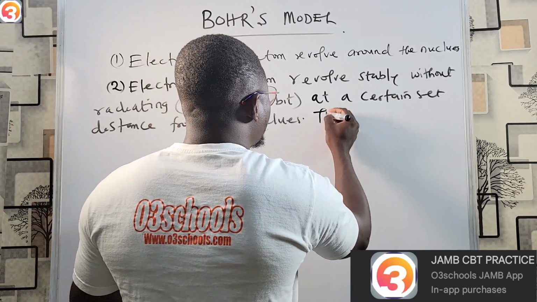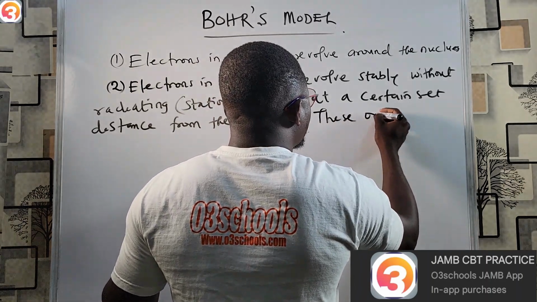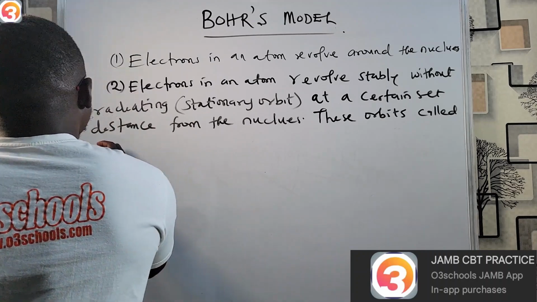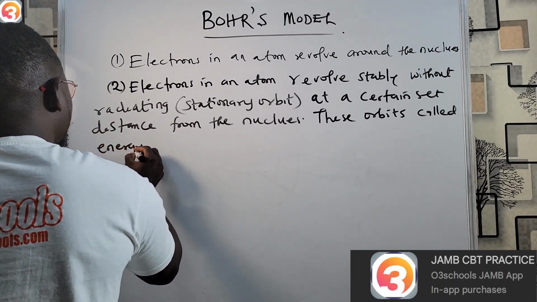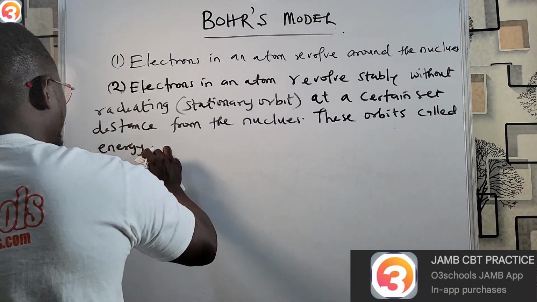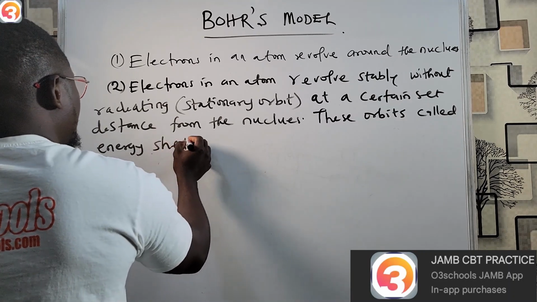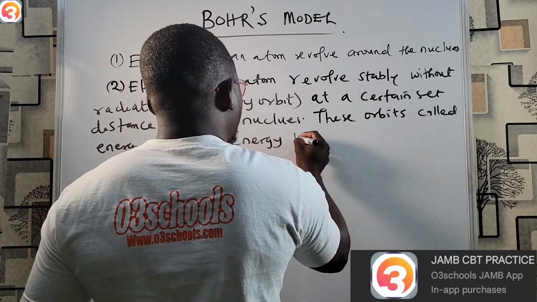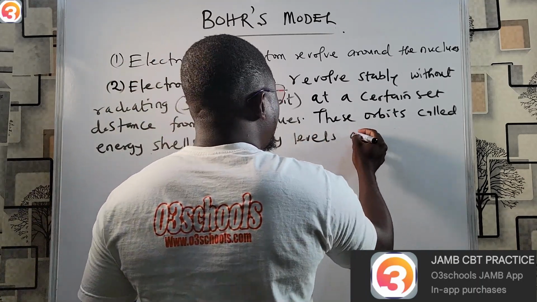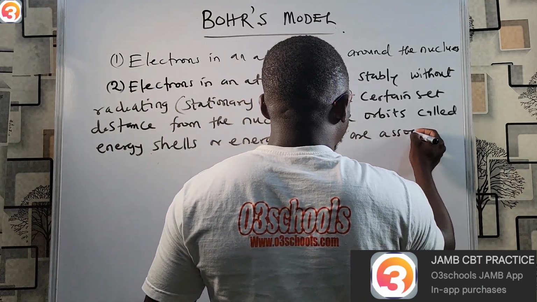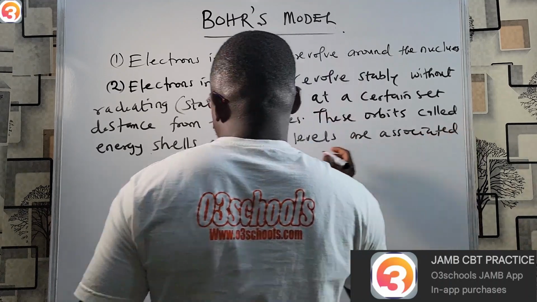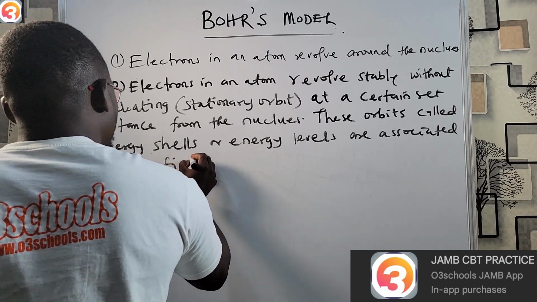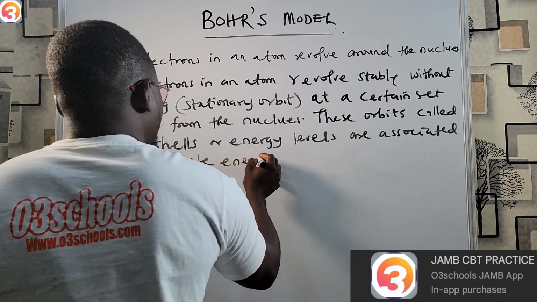These orbits, which are called energy shells or energy levels, are associated with definite energy.